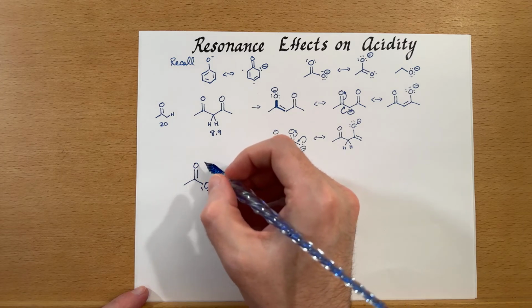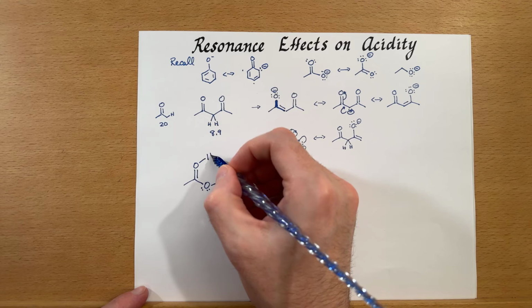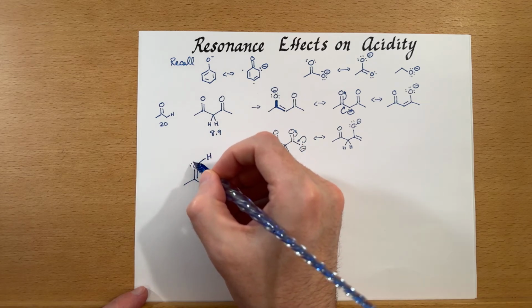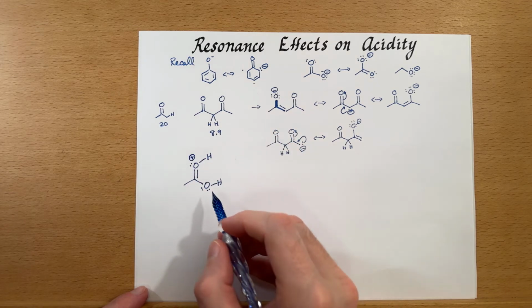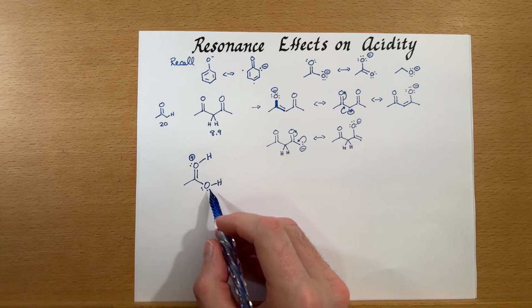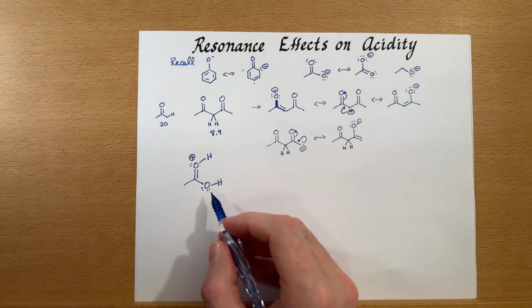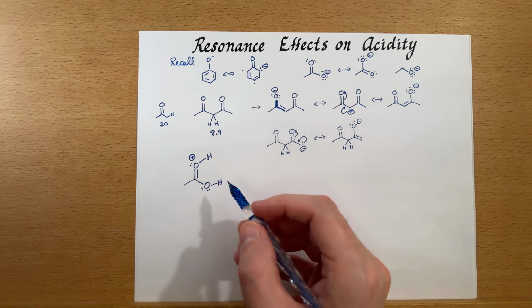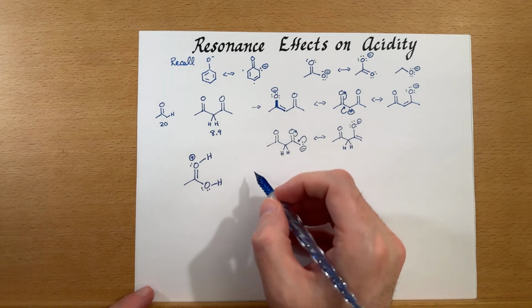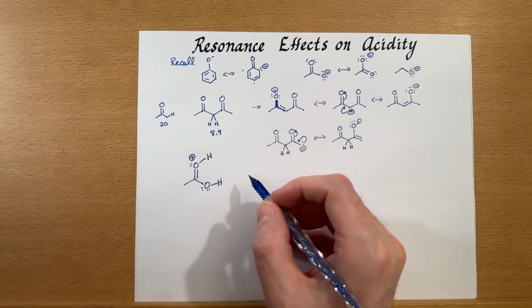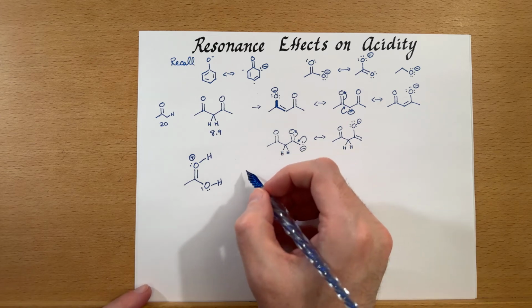So did you know that it is possible to protonate a carboxylic acid? So we can protonate acetic acid, especially if we just put some sulfuric acid in there, or something even stronger than sulfuric acid.